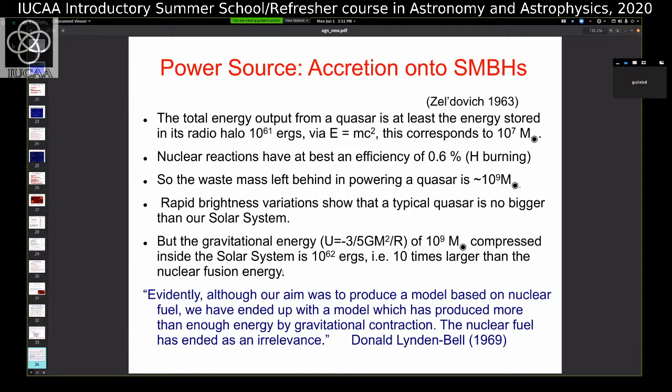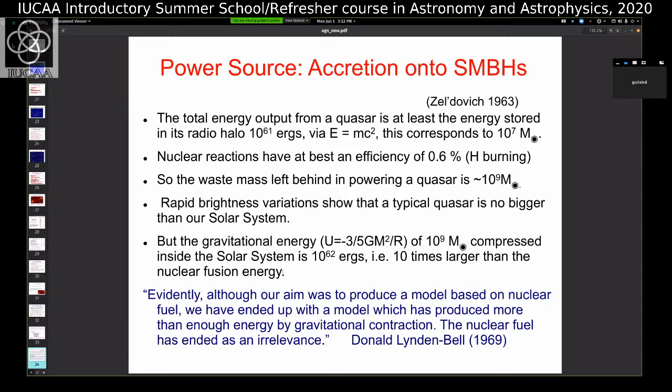If you collect that much material into such a tiny region, the gravitational energy release is 3/5 GM squared by r, and if you put in the values, you get 10 to the power 62 ergs of total energy, which is 10 times larger than the nuclear fusion energy. So the energy released as a result of gravitational contraction can be much more than what is possible from nuclear fusion.